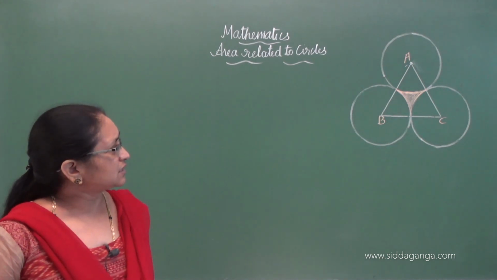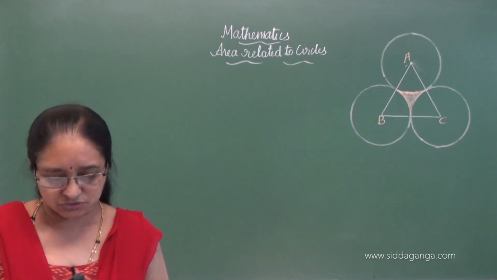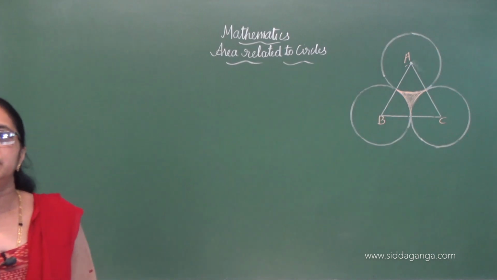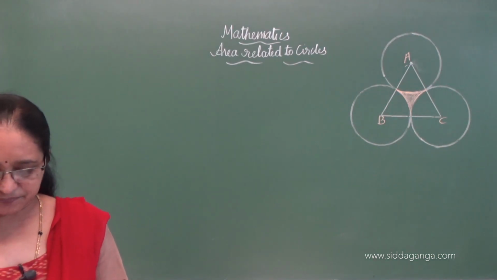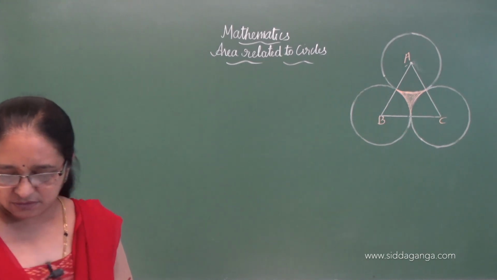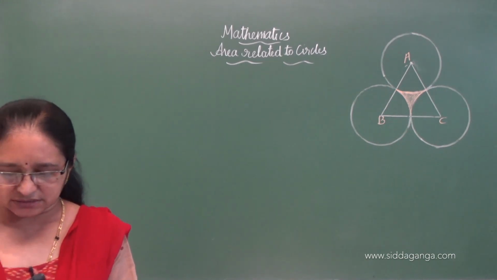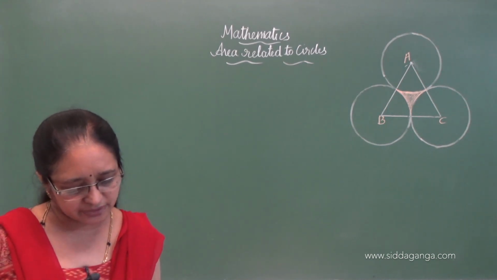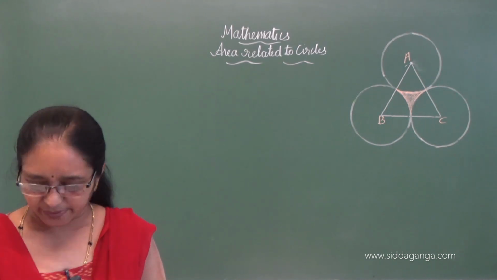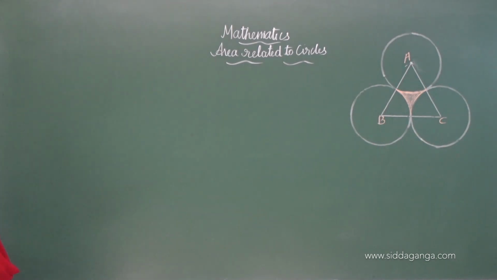So since it is an equilateral triangle, you know how to find out the area of the equilateral triangle. So first let us write what is given. Area of the equilateral triangle is how much they have given, that is 17,320.5 centimeter square. So let us write that.